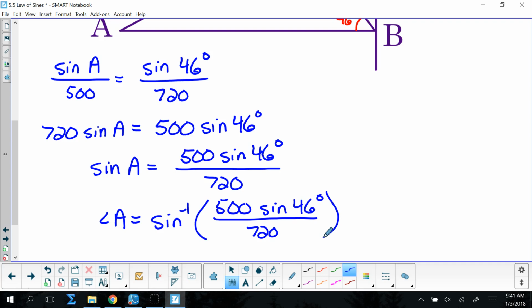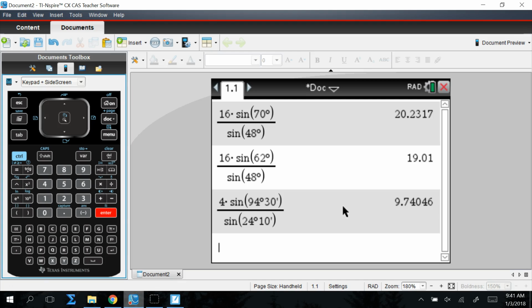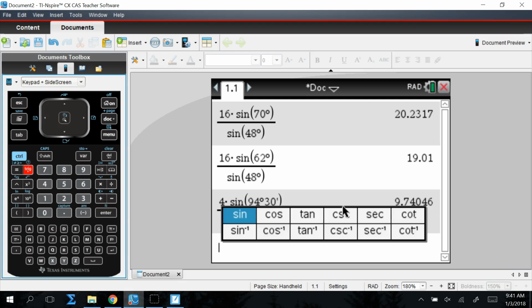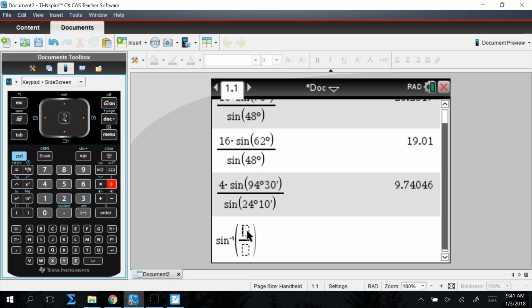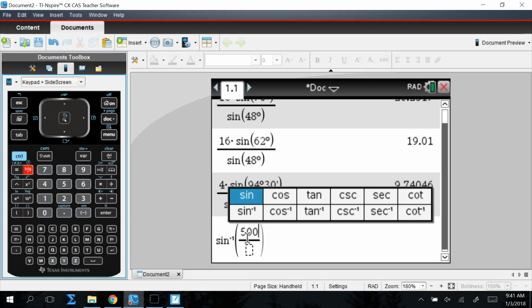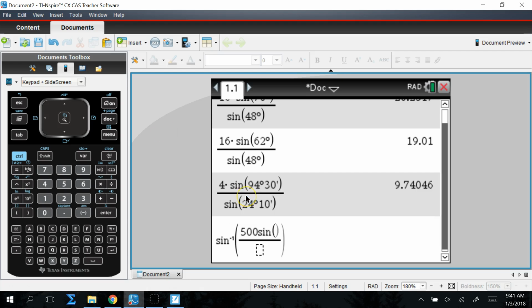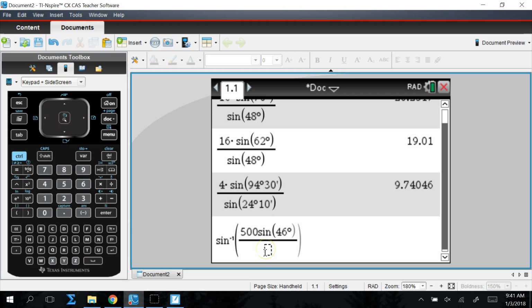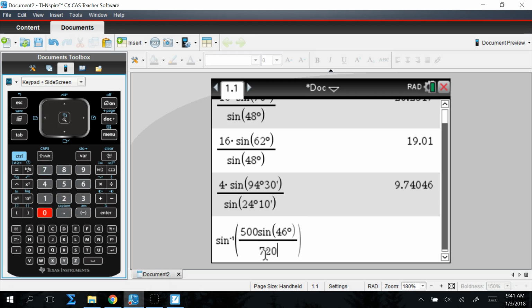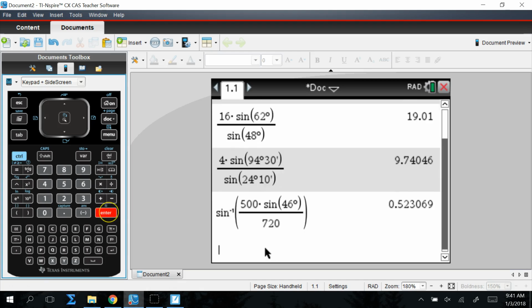Depending on how my calculator is set up, mine is currently set up in radians, but I can still do this even with it set up in radians. So if I type the 500 times the sine of 46 degrees divided by 720, I get my answer, but that's in radians.